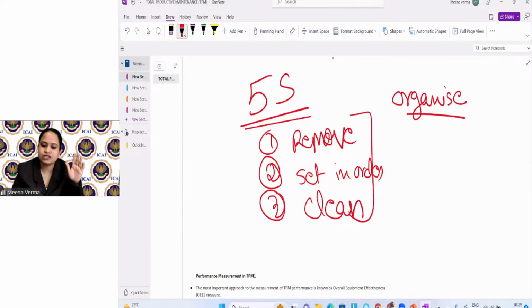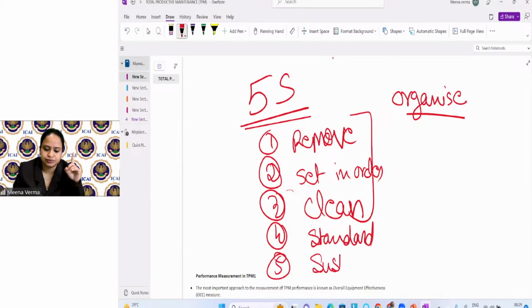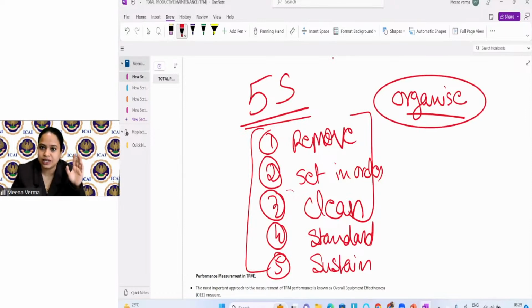Then the standard and sustain steps. So all of this 5S methodology is used to organize the workplace. And why are they using it? They're using it with the aim that when the place is clean, it is very easy to identify a problem.